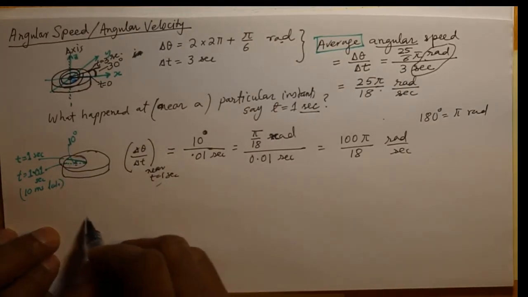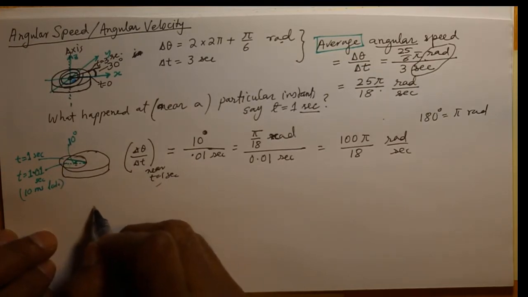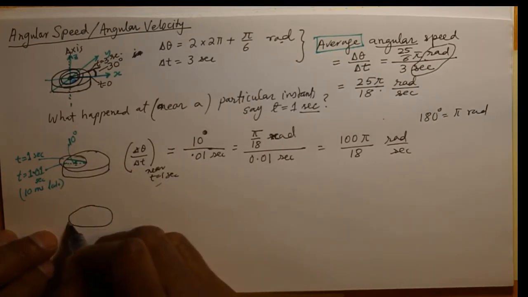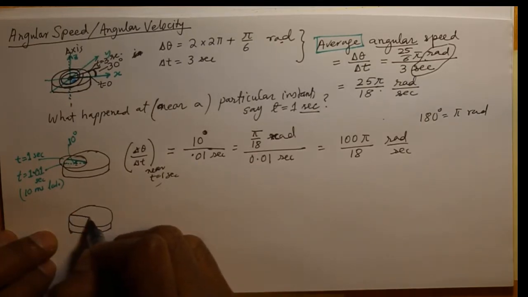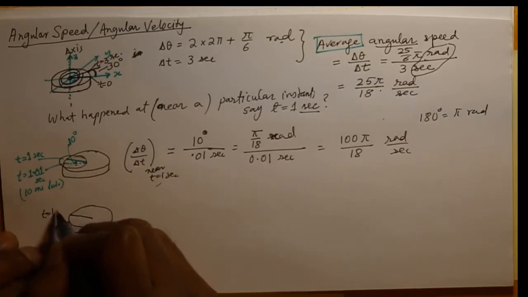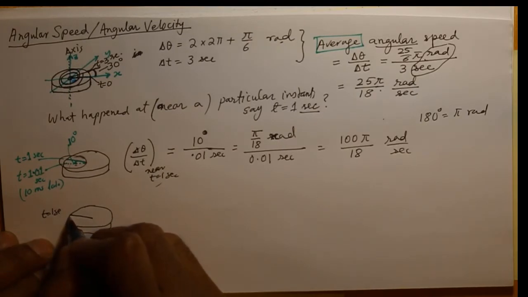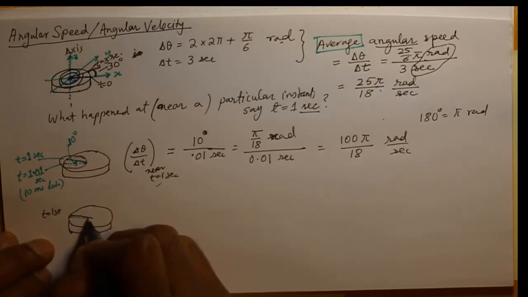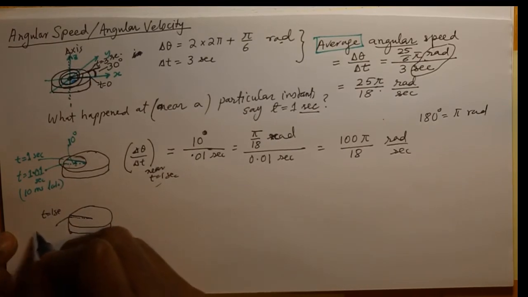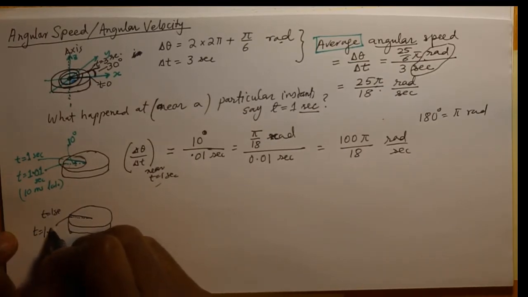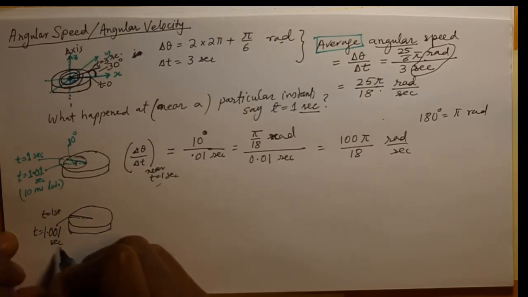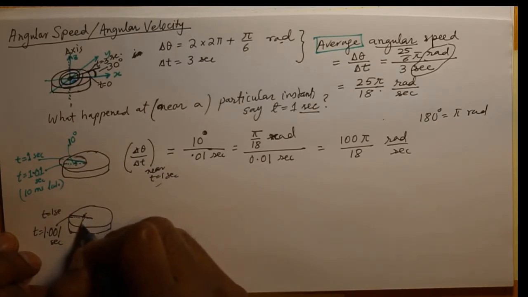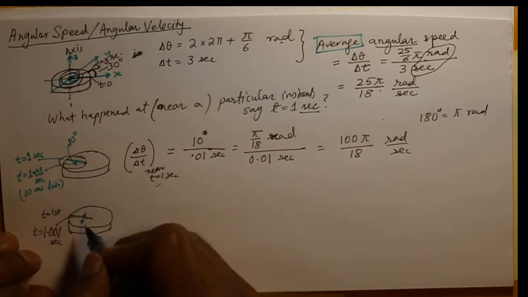If I got even closer, so if I imagine doing this experiment one more time, so this is t equals 1 second, but I looked at really t equals 1.001 second, and so this angle is even smaller than 10 degrees.